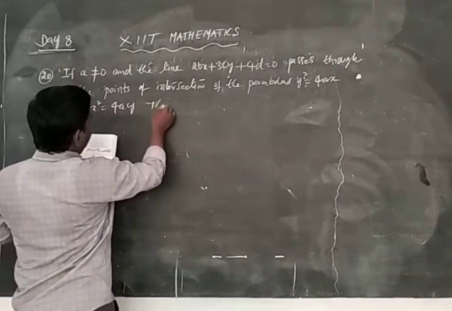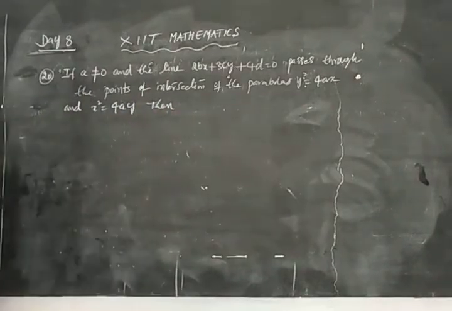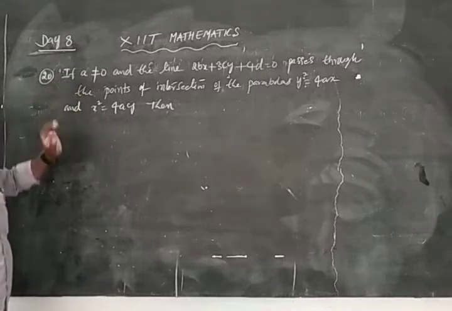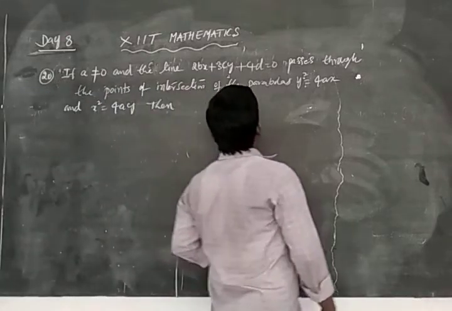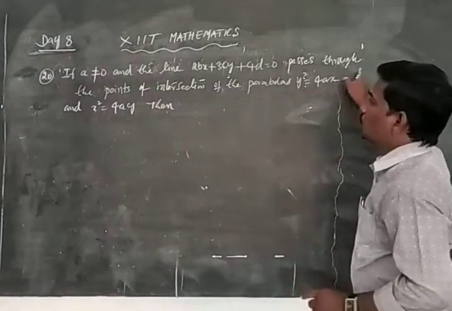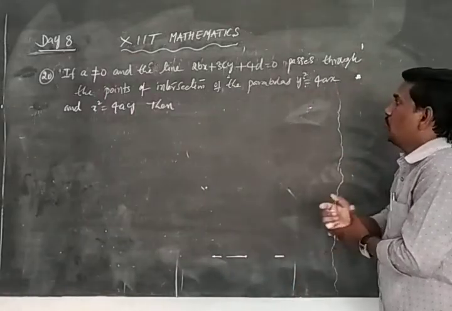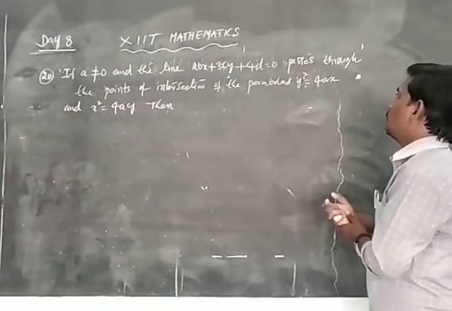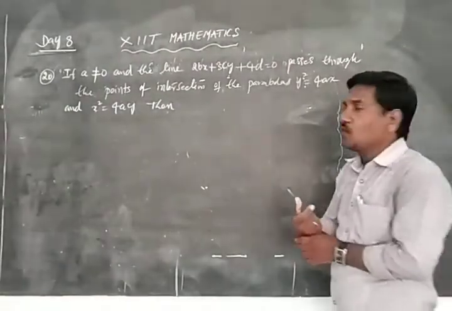Then, so what is the problem? If a not equal to 0, the line 2bx plus 3cy plus 4d equal to 0 passes through the points of intersection of the parabolas y square is equal to 4ax and x square equal to 4ay.